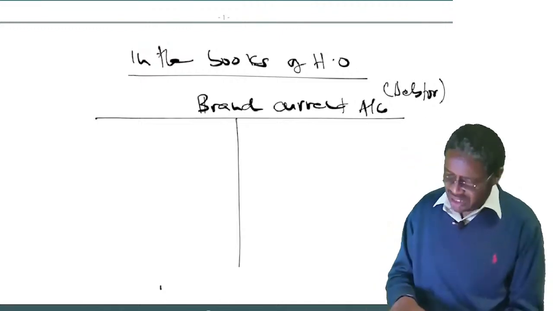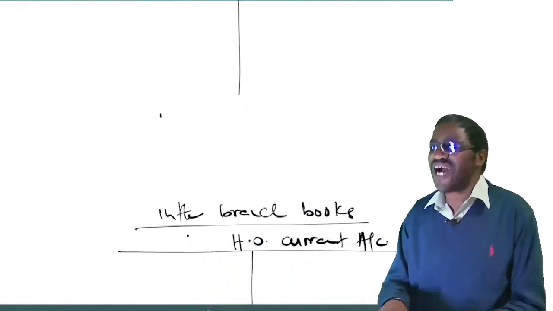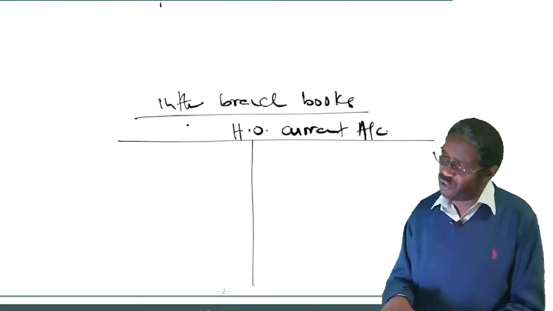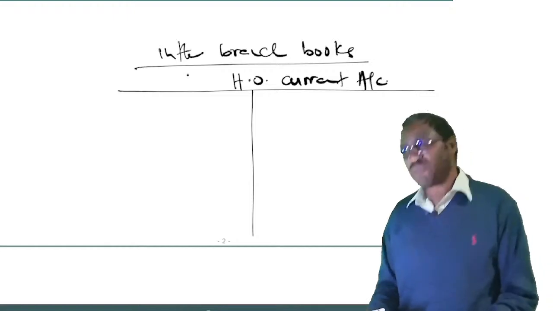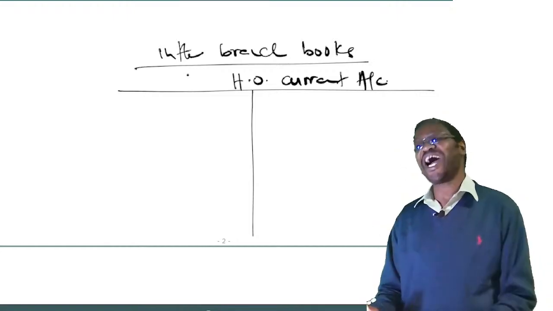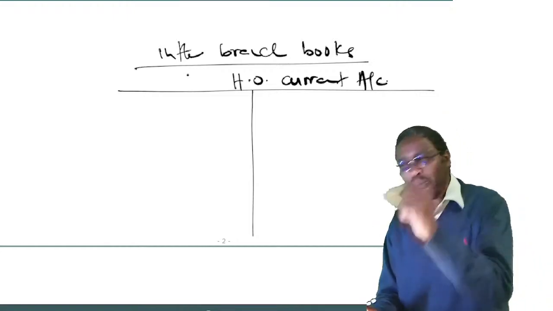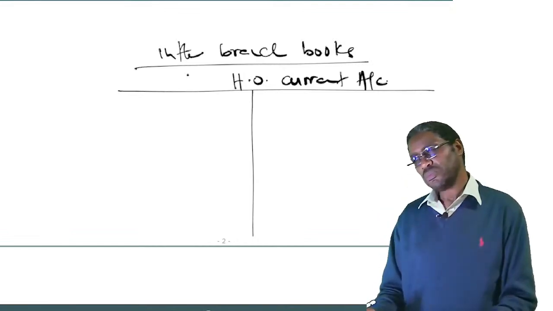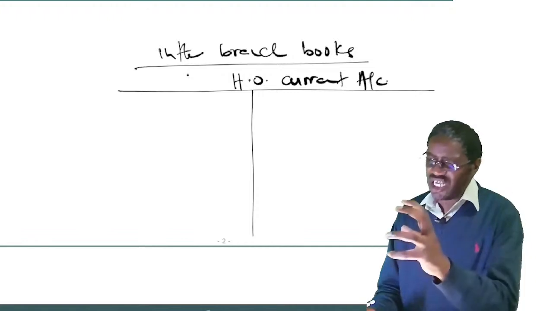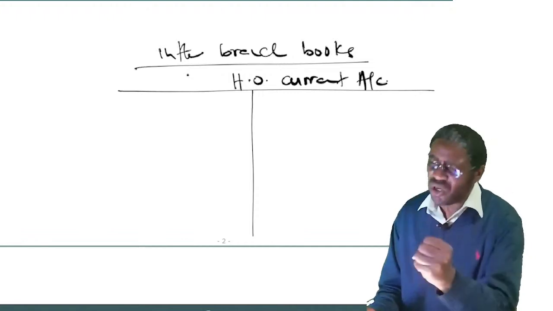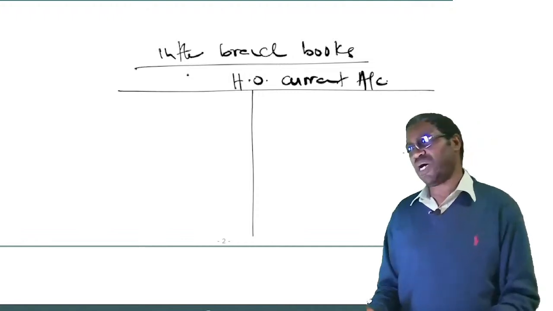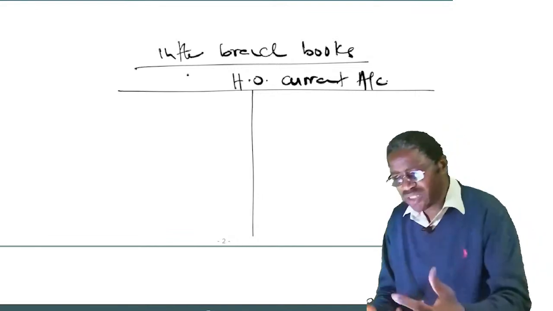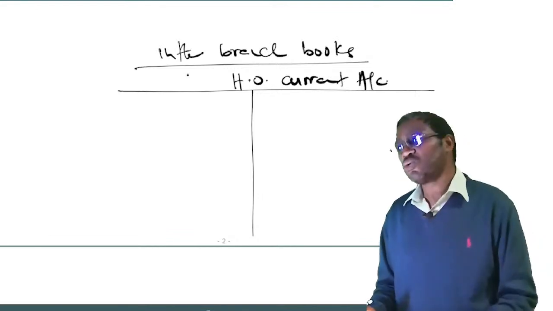At the same time, when you as a branch receive goods from the head office, again, you don't pay for those goods immediately. So whatever the amount you are receiving, that amount is what you as a branch owe to the head office.